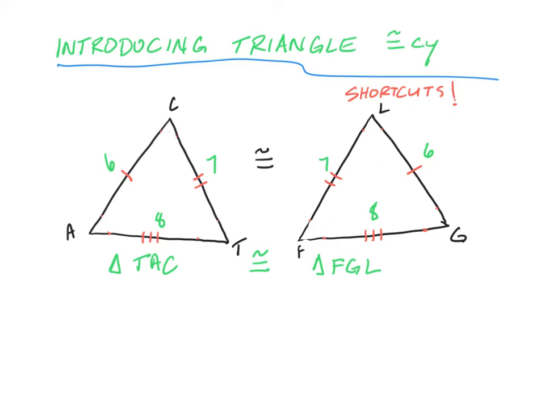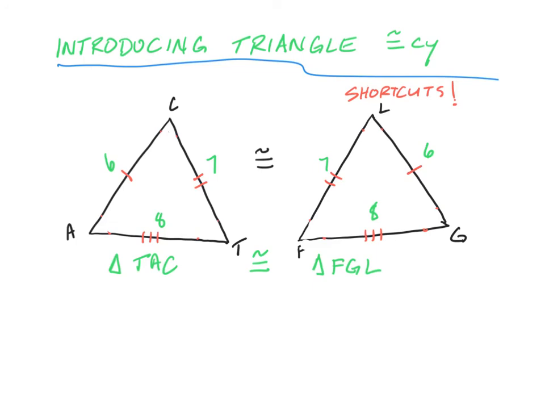And without going into an entire proof, the answer is yes. Because these are like rigid sides, we can't create any other angle than the one that's created right here and right here between the 6 and the 7. Because this 8 length locks in these angles. So these 2 triangles are congruent, which gives us a shortcut.